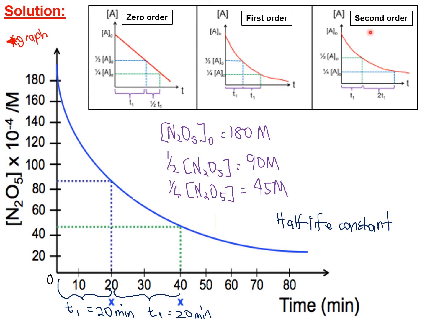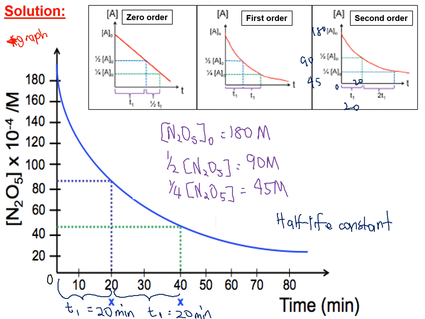Kalau second order, contohnya lah, kita tengok kat graph ni lah. Contohnya, you ada 180 initial. Kalau you halfkan, you dapat 90. And then, kalau ni dapat 45, contohnya lah. But then, bila you dropkan, contohnya yang ni you dapat 20. Okay, ni 0 sampai 20.